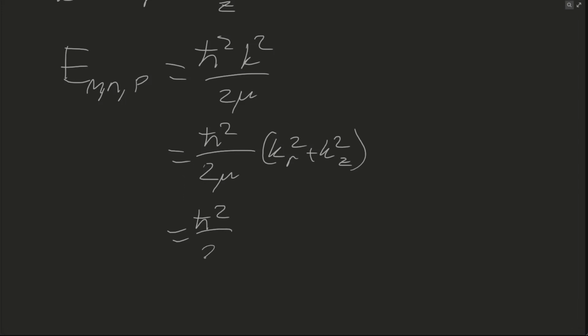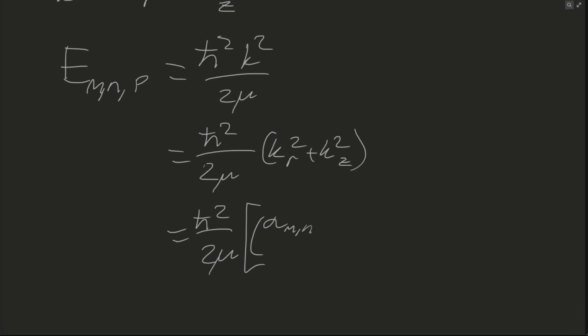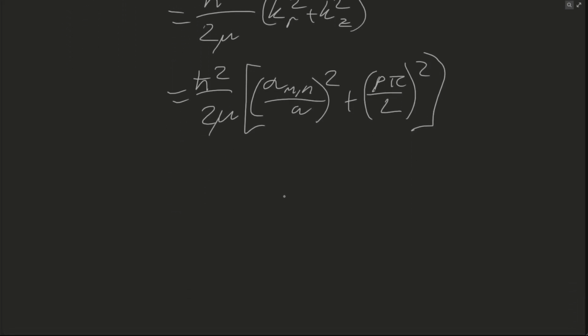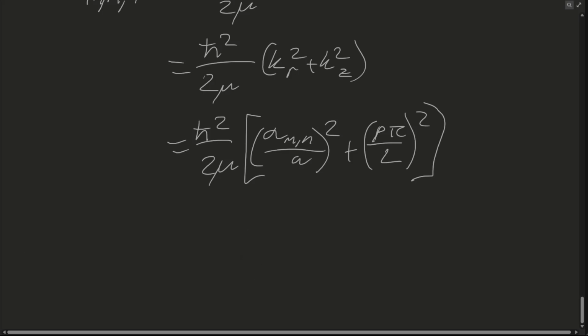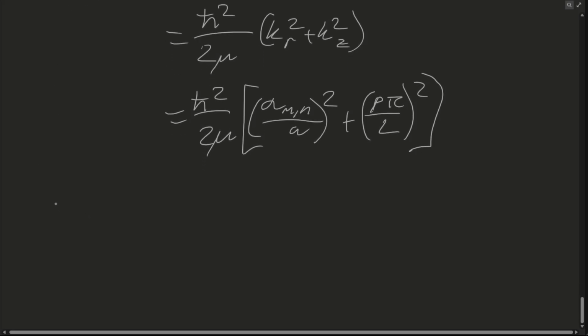Finally, we can sub in our values of what we got above. H bar squared over 2 mu times alpha_mn over a squared plus p pi over L squared. L, M, N. Oh, I missed out P. Doesn't matter. That one looked a bit silly. So we can, in fact, put a box around that because, well, actually, we'll write it out nicely at the end.